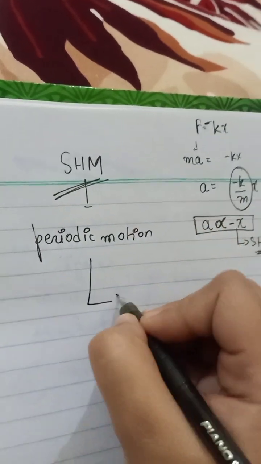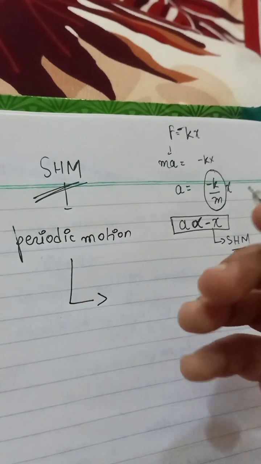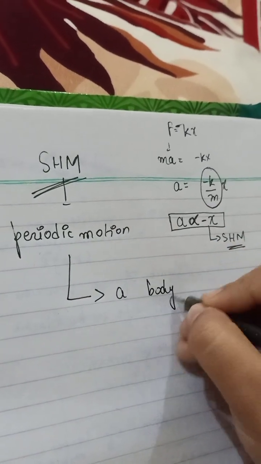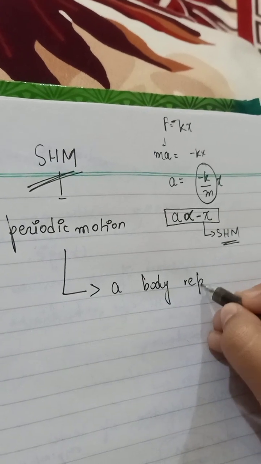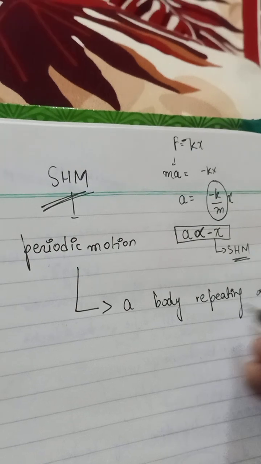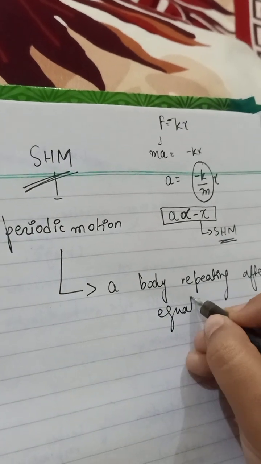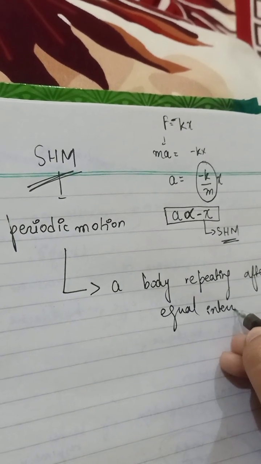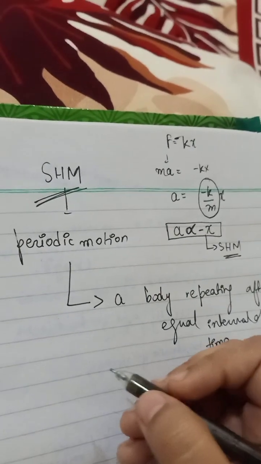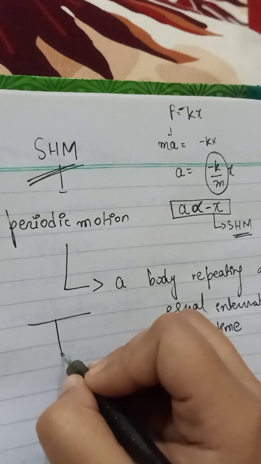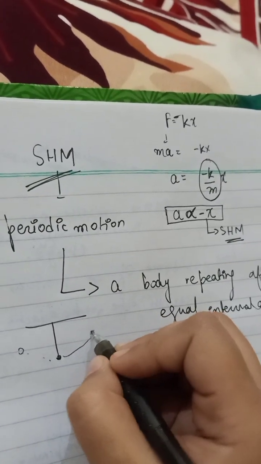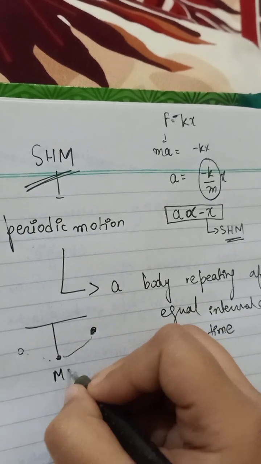What does that mean? It means a body's motion repeating after an equal interval of time. For example, I have a simple pendulum like this. If there is a force, it will move from the mean position to the extreme position.